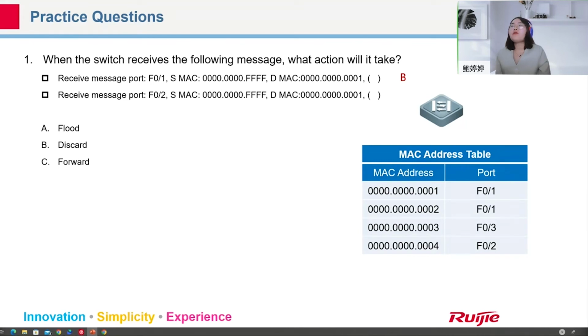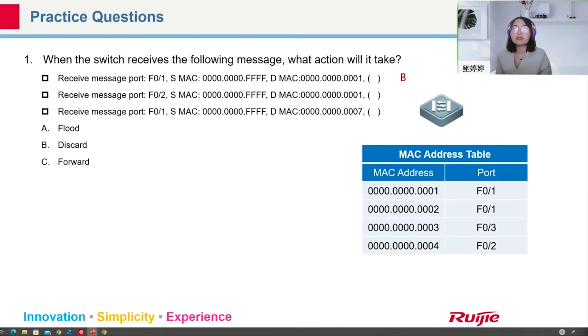Yes, we have to forward it, right? Because I take the destination 1 to match the MAC address table, and we find the destination connects with the first interface. This interface is different from the receiving interface, so I will directly forward it to port 1.